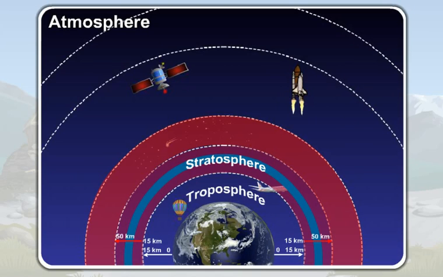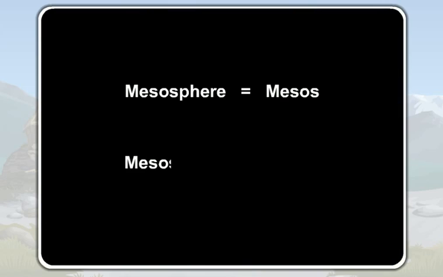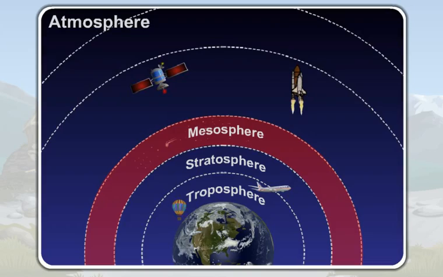The region above the stratosphere is called the mesosphere. The word mesosphere comes from the Greek word mesos, whose meaning is middle. So, the mesosphere is the middle layer of the atmosphere.